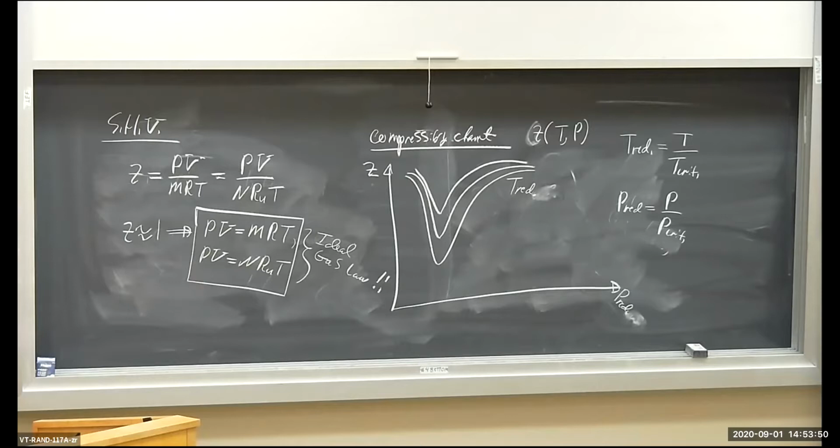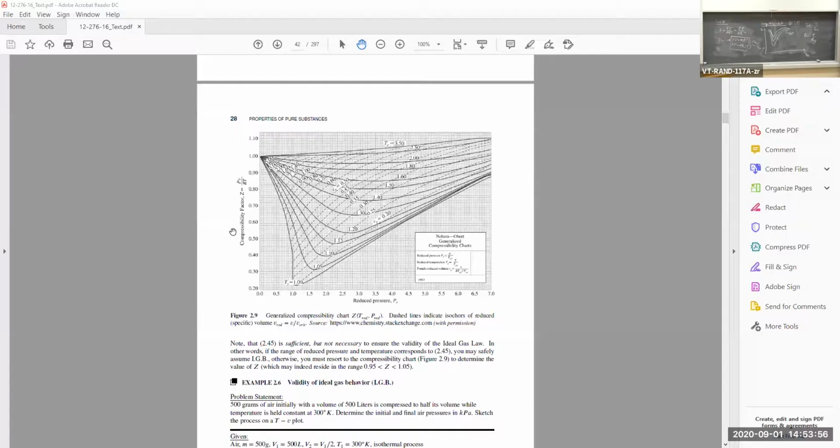Well, let's have a look at the compressibility chart here. So the point is, Z is 1 right here, okay? So along this horizontal line, Z is approximately equal to 1, okay?